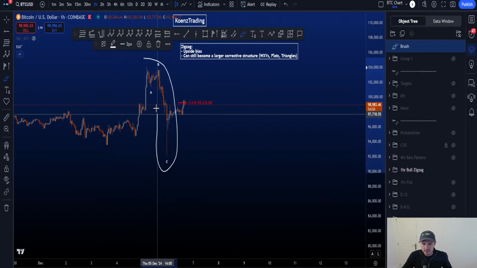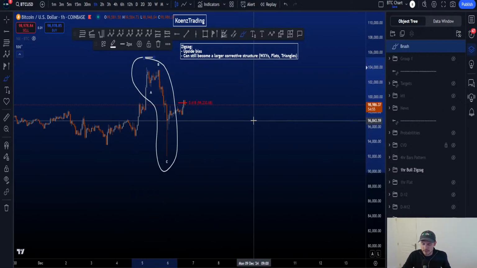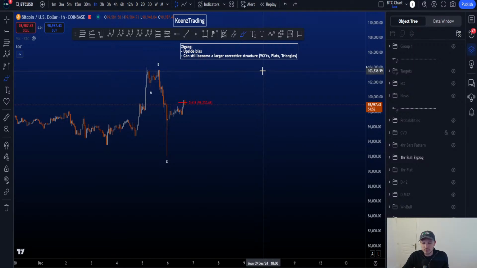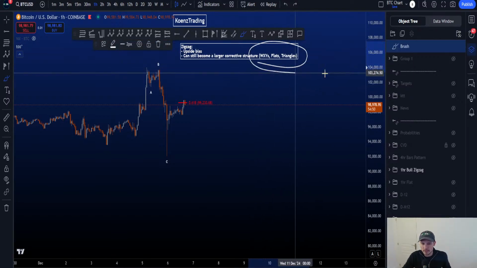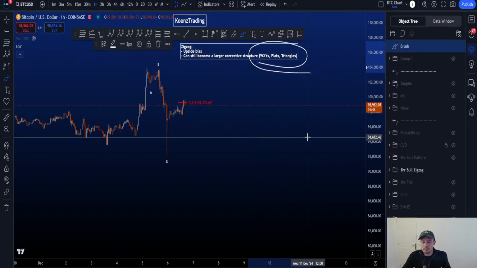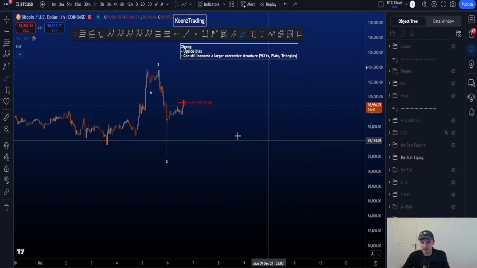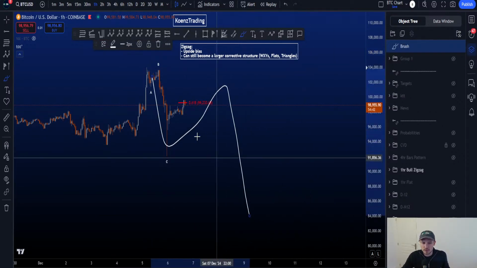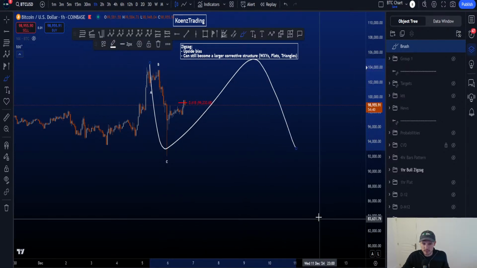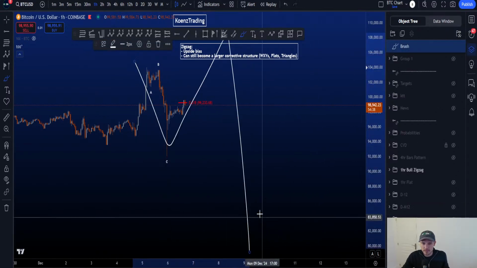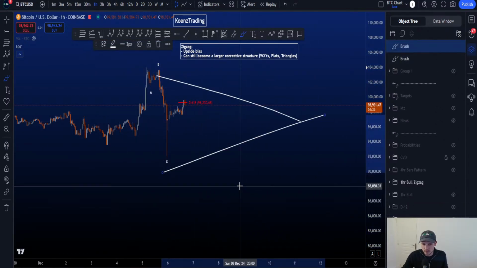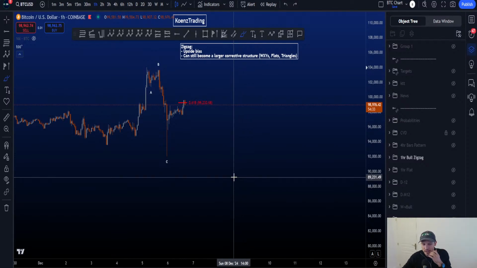Therefore, this zigzag should at least be considered the beginning of a bigger corrective structure. But which one it is, we'll have to wait. We don't have the info yet, right? You can have a sharp WXY, a sideways WXY, a flat, you can even still have triangles. You just need to wait.